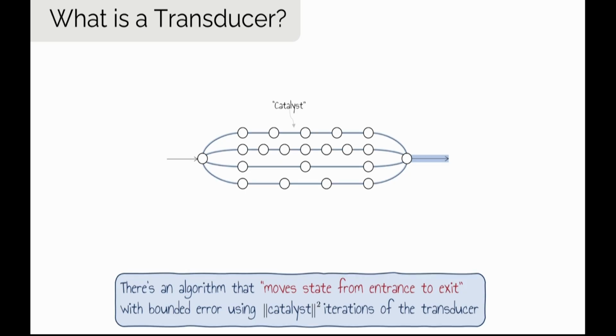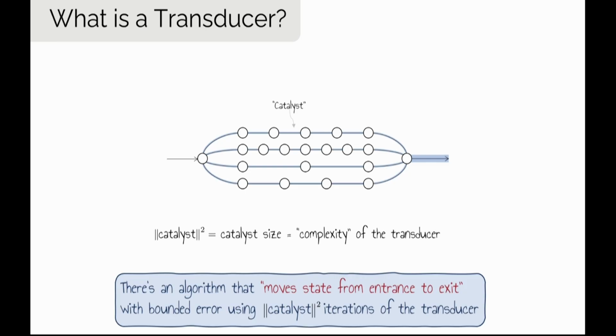What does it mean to move state from entrance to exit? As I've already alluded to, the entrance and exit represent some starting state and some goal state. So that's something that we would want to do. In one iteration, you move water from left to right, but in an actual algorithm, a transducer is mathematically just a unitary.